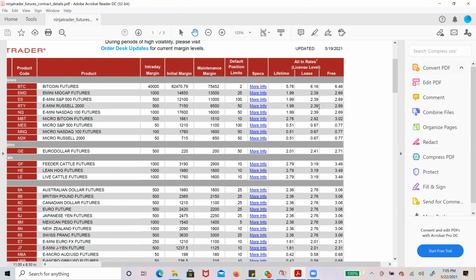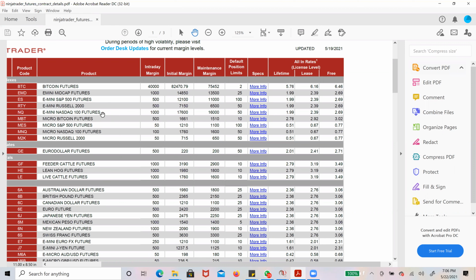What is the minimum requirement, or the basic money you need to trade futures? It all depends on which future you want to trade. Let's say I want to trade the mini, and I want to focus only on Nasdaq 100. I'm not going to focus on anything else.